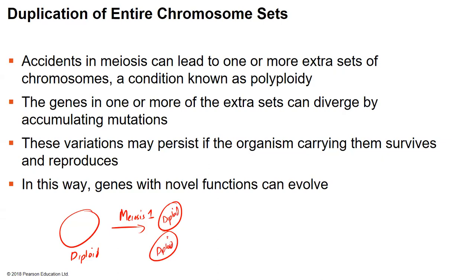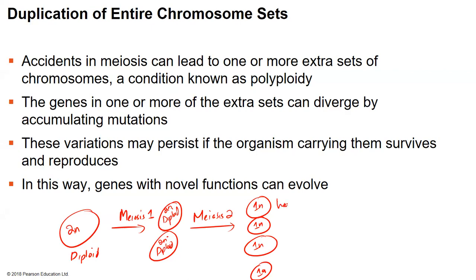And then after meiosis 2, you have 4 cells generated. Each one of them is haploid. So 1N means haploid, 2N means diploid. So this is 2N, and these are haploid cells.